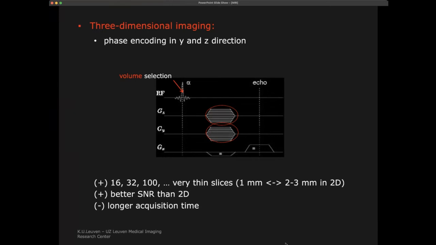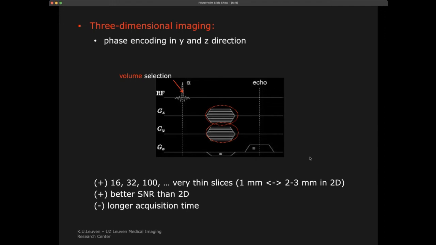So instead of doing a slice selection and from then on doing the pulse sequence in order to measure one plane, you can flip all of the protons in a whole volume and then also use Z gradients in order to do the readout. So you do a Z encoding by a Z gradient, so you do both a Z and an X encoding in this case, and then you do a readout in the frequency encoding.